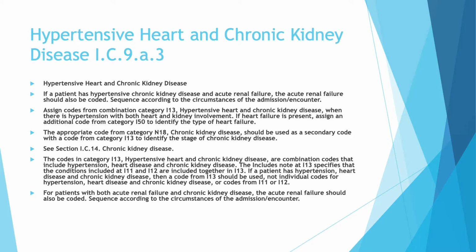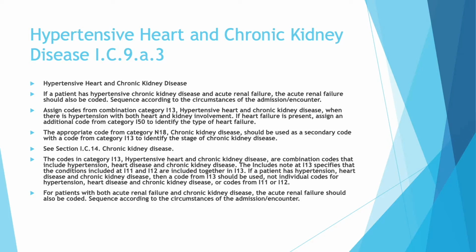ICD-10-CM guideline 1C9A3. If a patient has hypertensive heart and CKD and acute renal failure, we also code the acute renal failure, because now we are in the I13 category. While we had I12 for just hypertensive CKD, if they have the combination of heart and CKD hypertension, then we change the category to I13. If the patient has heart failure, then we need to have 3 codes. We'd always have I13 first for hypertensive heart and CKD.